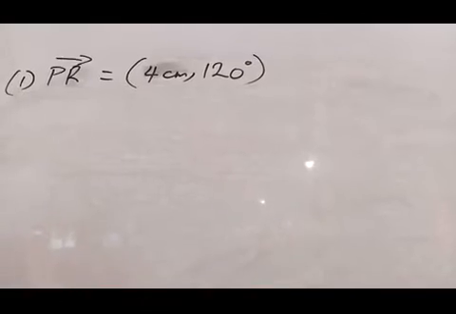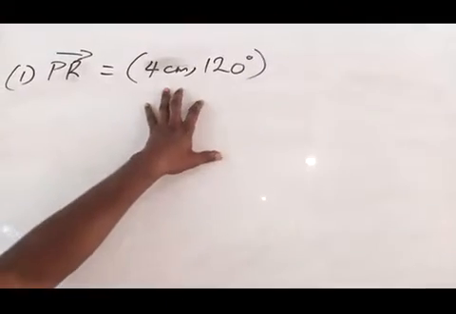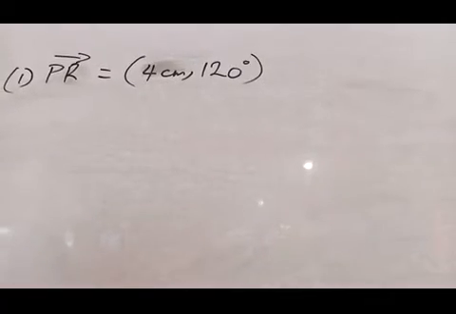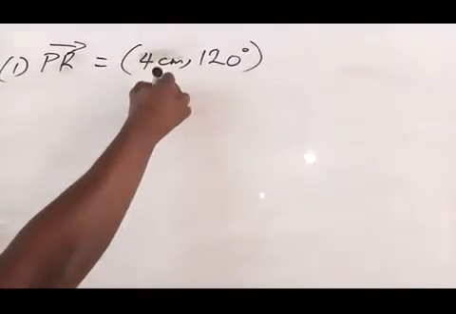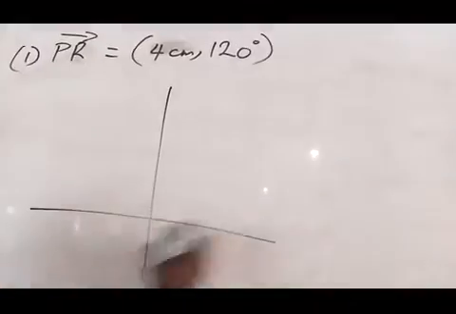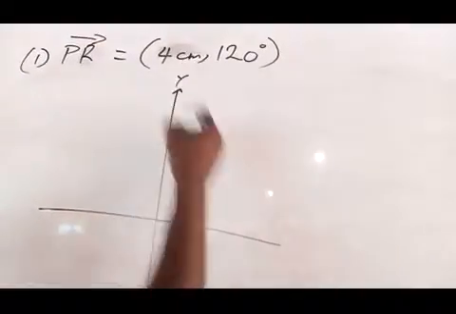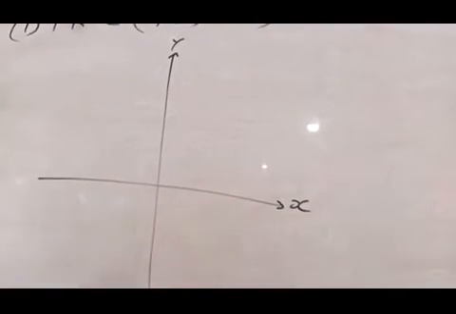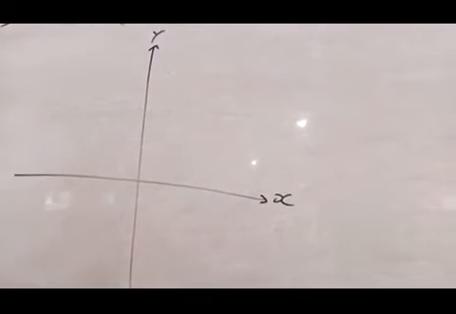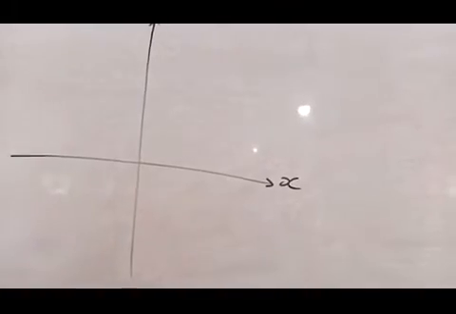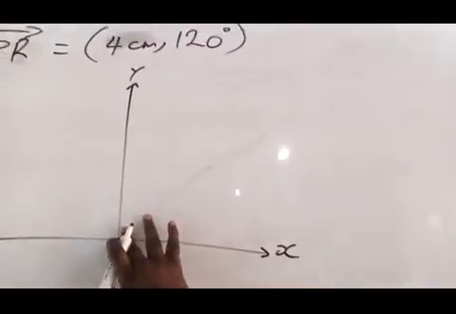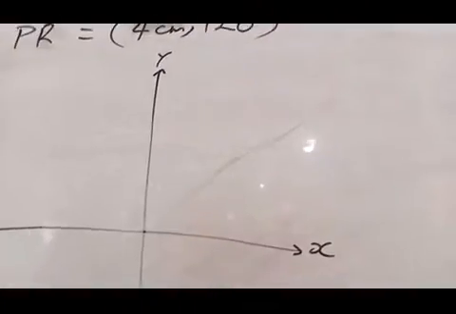Now what does it mean? It means that we are going to first represent this on the Cartesian plane. So we have our Cartesian plane like that, and this is our y-axis and that our x-axis. 120 degrees is bigger than 90 degrees.